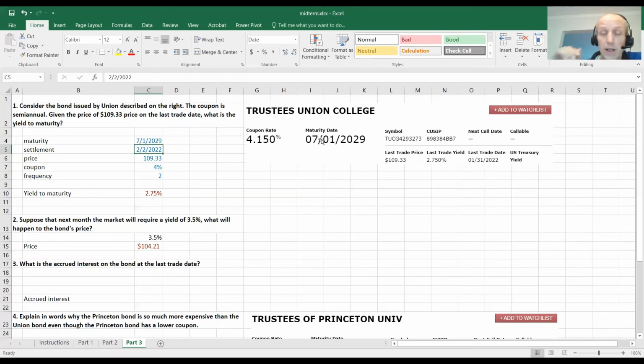So fortunately, Excel contains functions for this, but let's just think about this. This looks like it should be about 30 days since the last coupon, because if the bond matures on July 1st, the last coupon should have occurred about December 31st, or really January 1st, so about 31 days since the last coupon. So let's see if the function that we have for that actually tells us that.